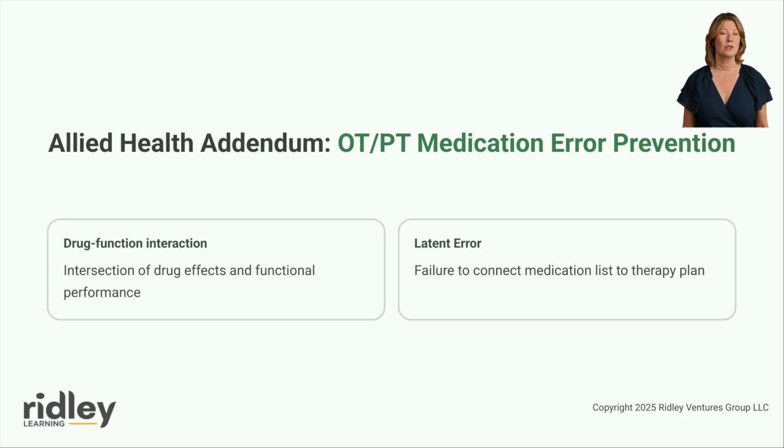A critical and often overlooked source of medical error arises when a patient's medication regimen introduces new contraindications, such as dizziness or cognitive impairment, that transform a standard therapy into a high-risk activity.